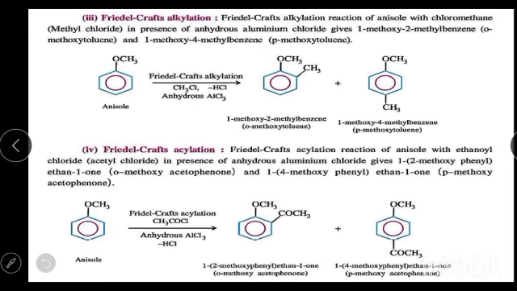Then another reaction is Friedel-Crafts alkylation. That is, an alkyl group is substituted here. The alkyl group is the CH3 group. Friedel-Crafts alkylation is in the presence of CH3Cl and anhydrous AlCl3, that we discussed. The Friedel-Crafts alkylation and acylation we discussed in haloalkanes and haloarenes.